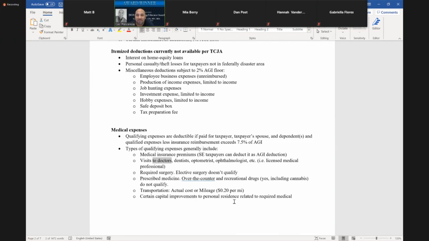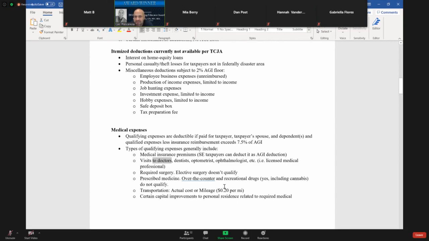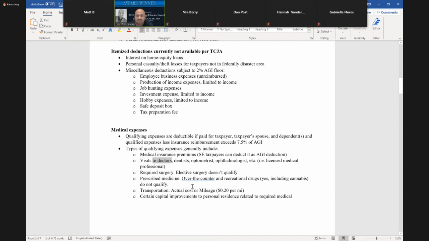They used to rely on an old revenue ruling from the 70s that said recreational drugs are not deductible, period. Now it's been updated, and still recreational drugs are not included. So just something to think about. Even though cannabis is used for medical purposes in a lot of states, the cost of marijuana is not deductible. But in terms of the cost of seeing that doctor, I don't know the position on that. I would say that would be included as physician advice. I don't see why not. But the medical cannabis itself would not count.